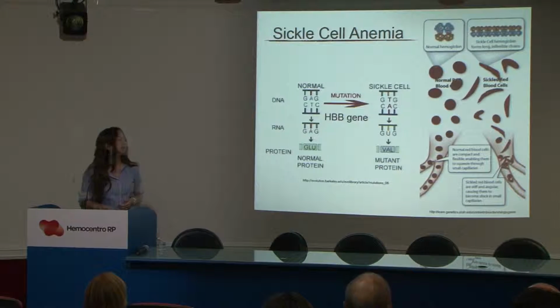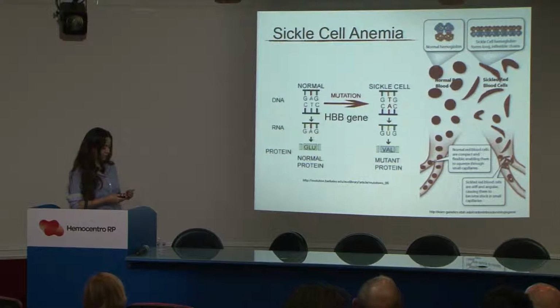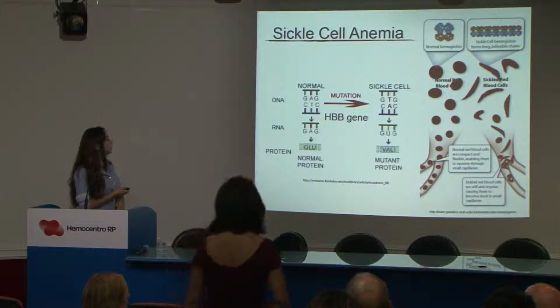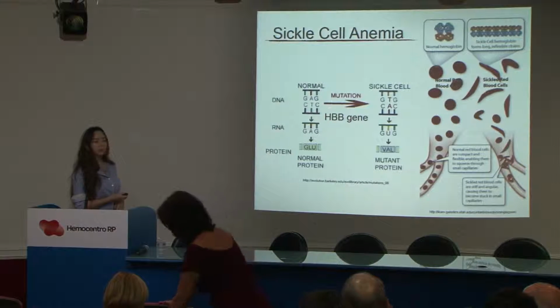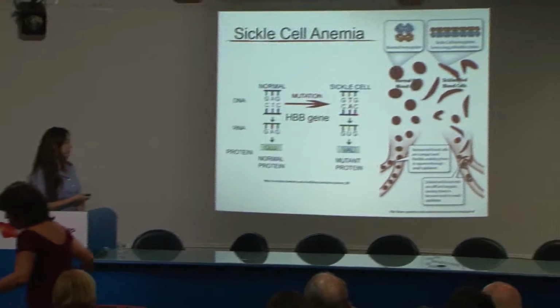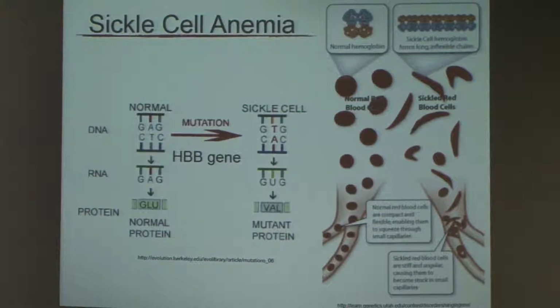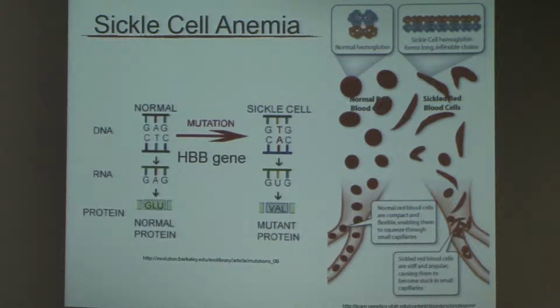So briefly, sickle cell anemia is characterized by a mutation in the beta-globin gene, which causes a change to a valine amino acid.